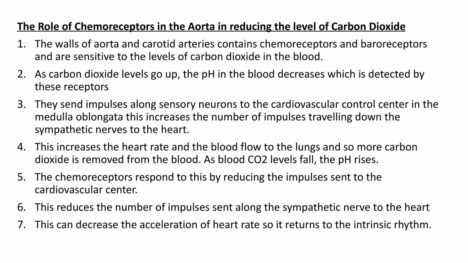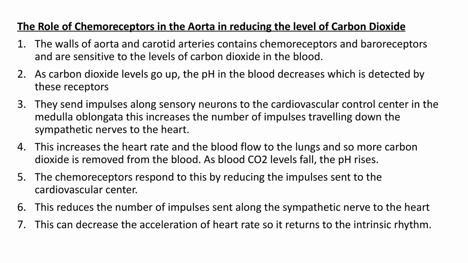As the carbon dioxide level goes up, the pH of the blood decreases, leading to a more acidic environment in the blood. This decrease in pH is detected by the receptors, and they send impulses along the sensory neurons to the cardiovascular control center located in the medulla oblongata.